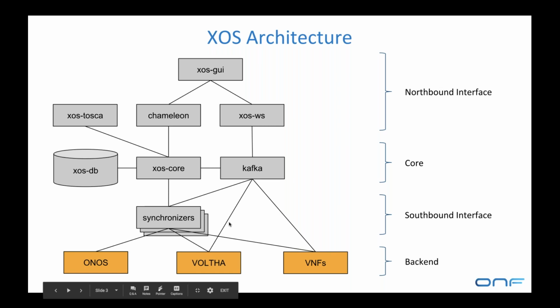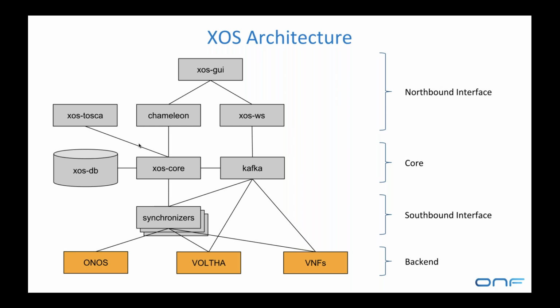So the abstract OLT sits kind of between the core and the northbound interface. Is that what you indicated? So as part of the northbound, the core exposes a gRPC interface. From that gRPC interface, we auto-generate Tosca, REST, the GUI, and other stuff.